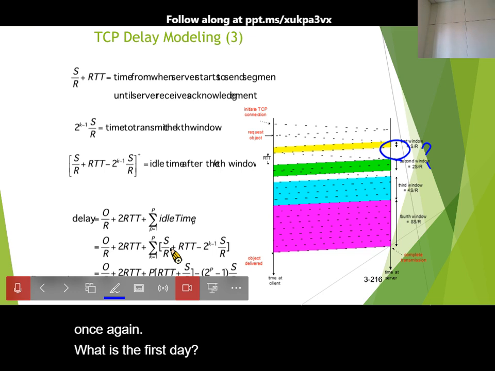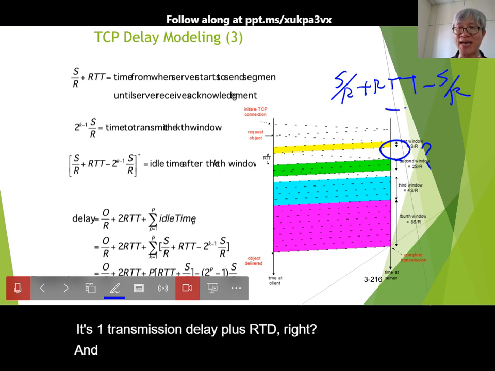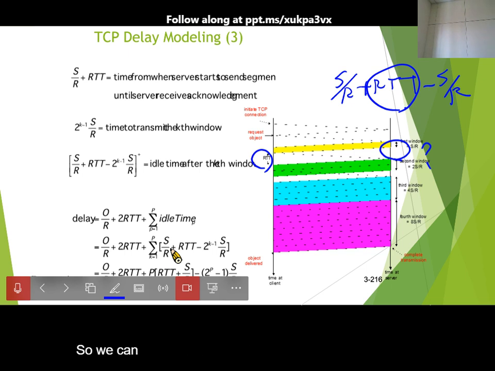It's one transmission delay plus RTT, right? And also minus 1, so it's RTT simply. So we can find the gap exactly, no problem.